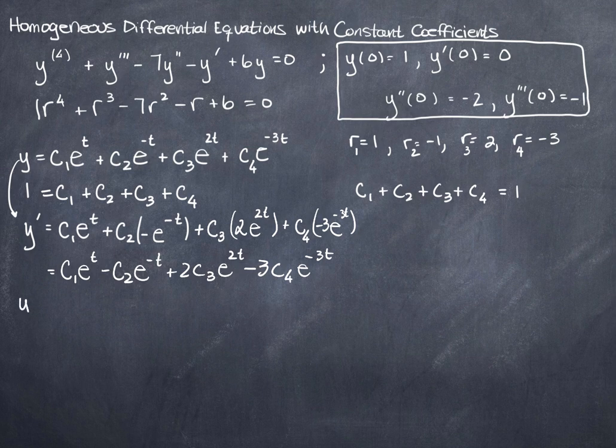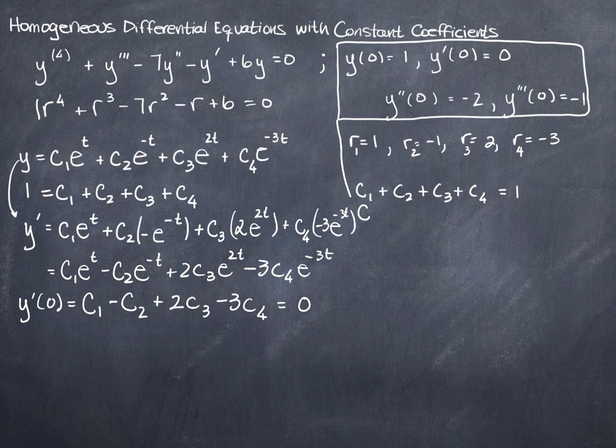But now what I want is y prime at 0, and that is c1 e to the 0, which is 1, minus c2 e to the 0, plus 2c3 e to the 0, minus 3c4 e to the 0. And I'm told that that equals 0.